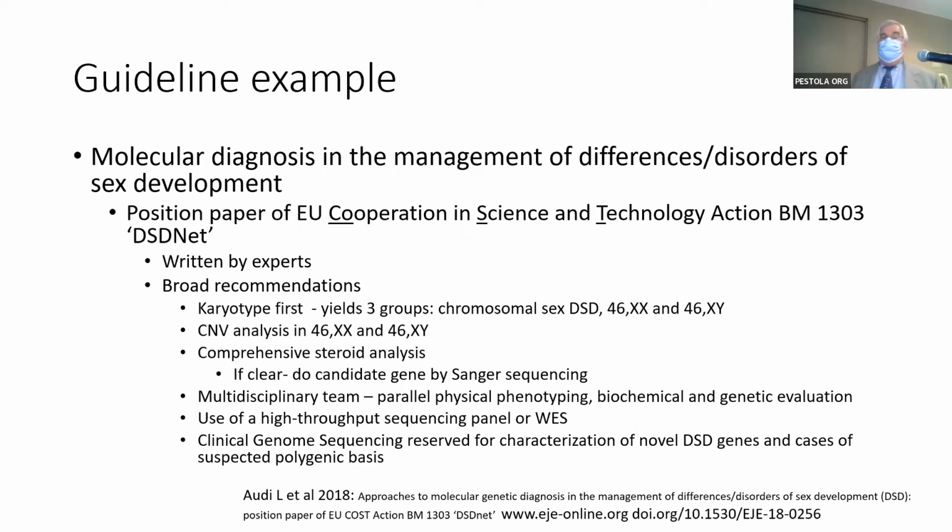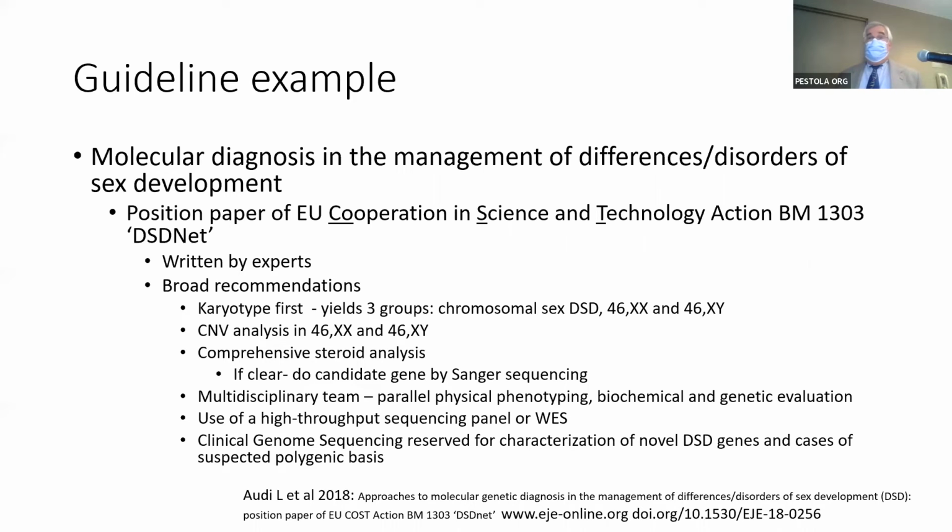So here's a perfectly good one for molecular diagnosis and the management of differences or disorders of sex development. Written by experts, so they are clinicians, they're laboratorians, and it's a consensus guideline, and it lays out steps 1, 2, 3, 4. Karyotype, copy number variants, steroid analysis.